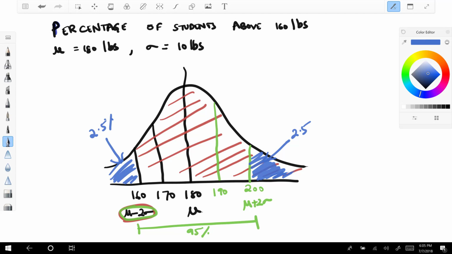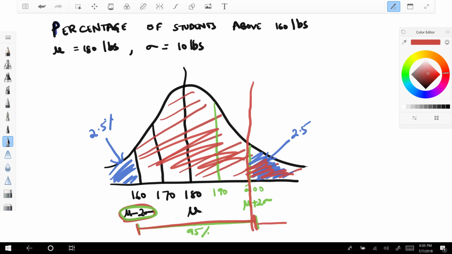So now if you see, we are looking for area above 160, which is this whole area. So we can obtain that by taking 95%, which is until this point, and then we add this another 2.5%. That will give us the percentage of students above 160.